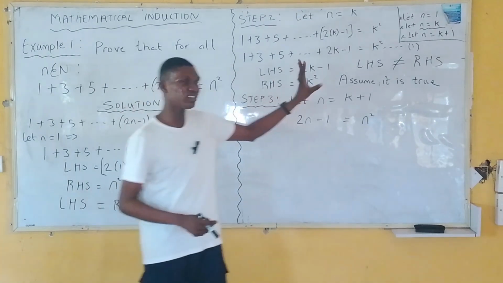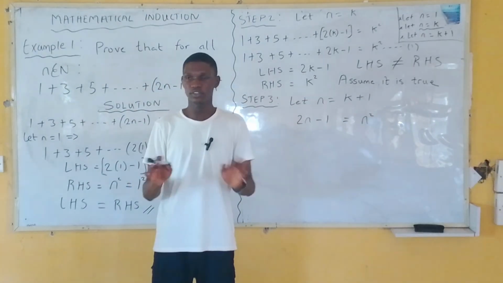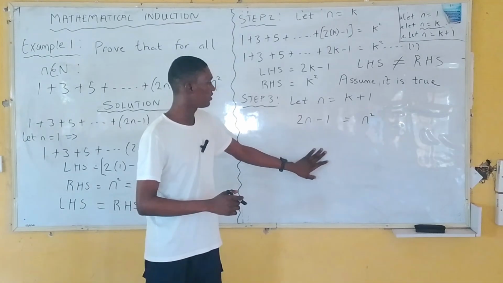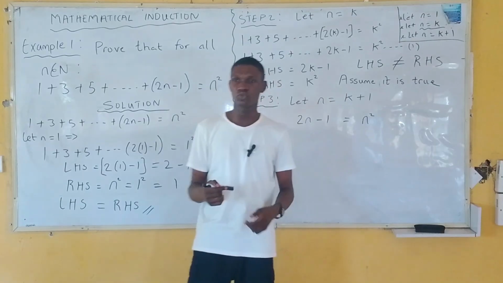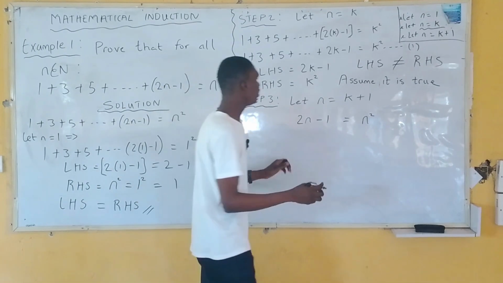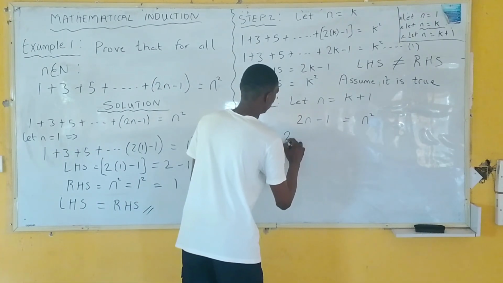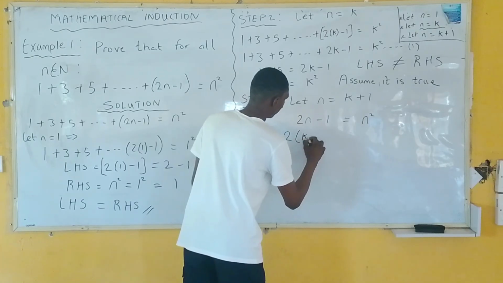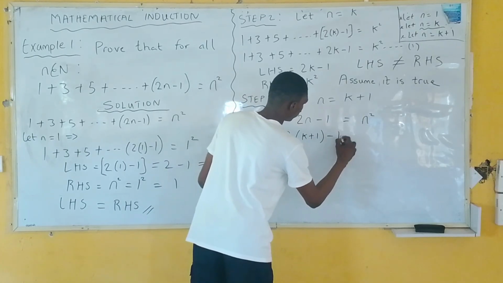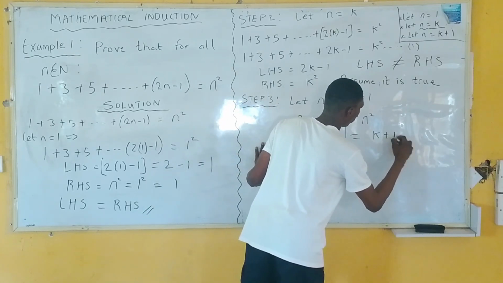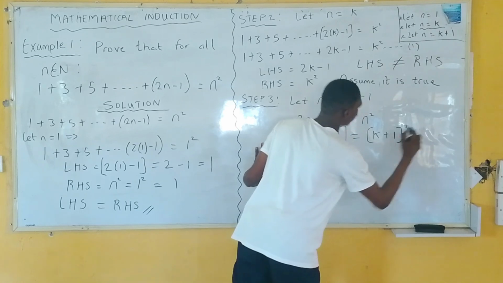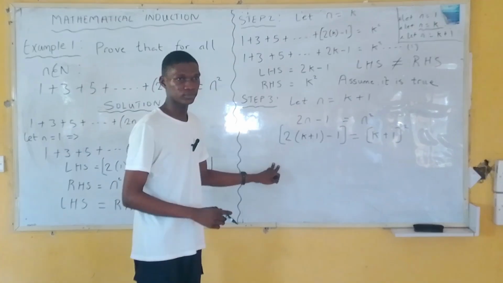Since we assume that this step is true, you can move on to the next step and say let n be equal to k plus 1. So if n equals k plus 1, we have 2 open bracket k plus 1 minus 1, right, equal to k plus 1 raised to power 2.